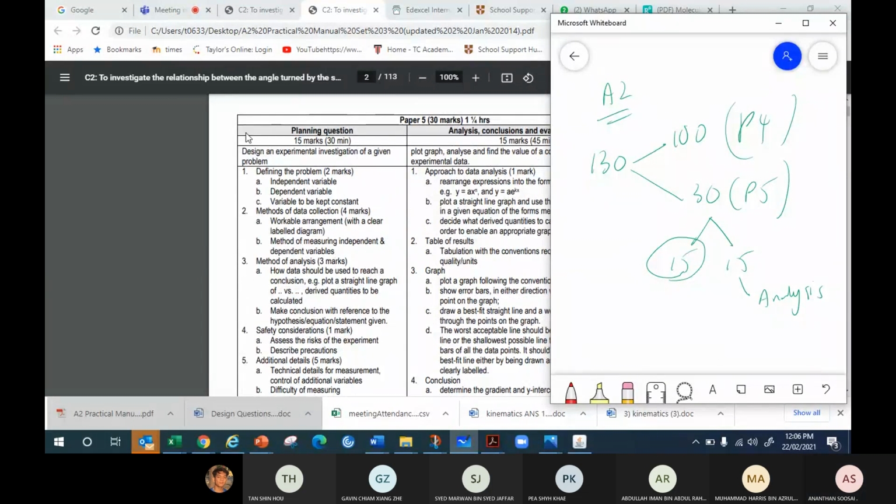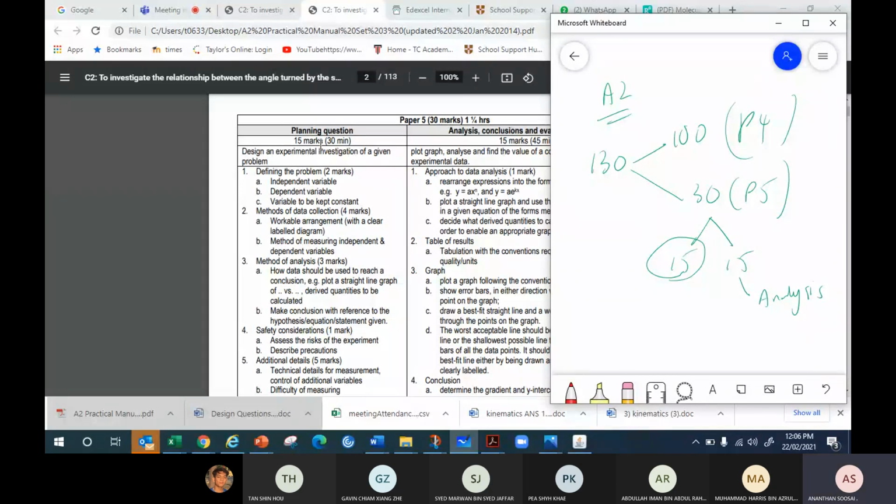For design, they will tell you a situation, for example, how pressure affects the speed of sound.